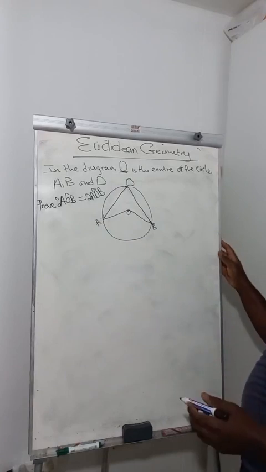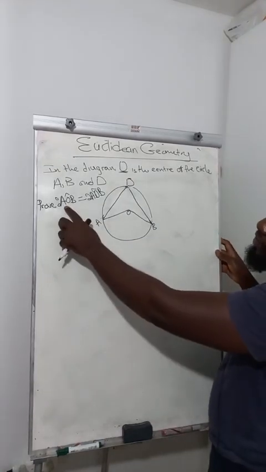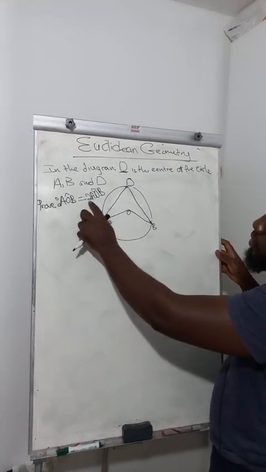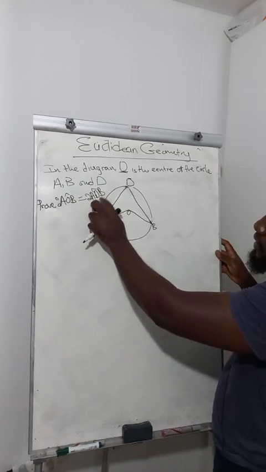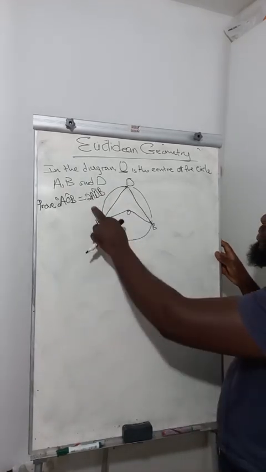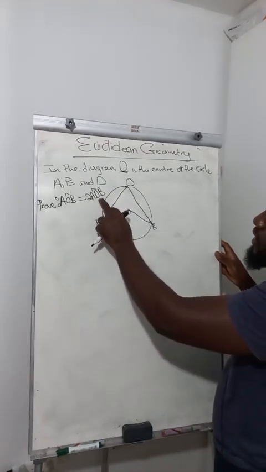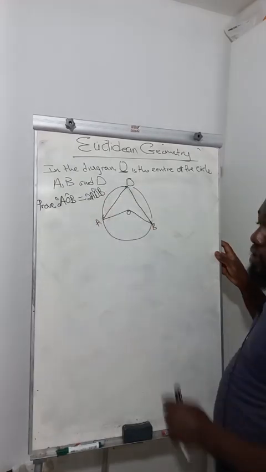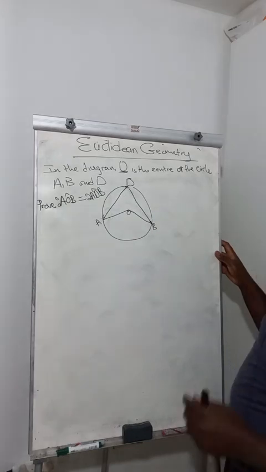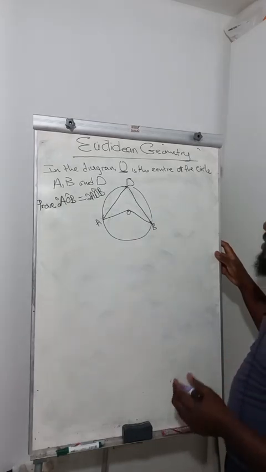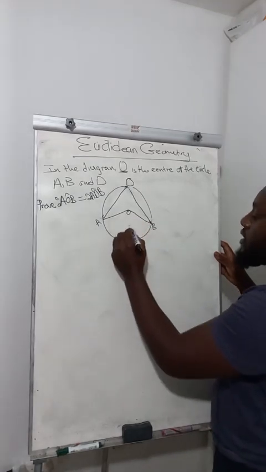Because they're saying you should prove that AOB is equal to 2 times ADB. What you need to do here, I'm sure you need to construct this thing here.